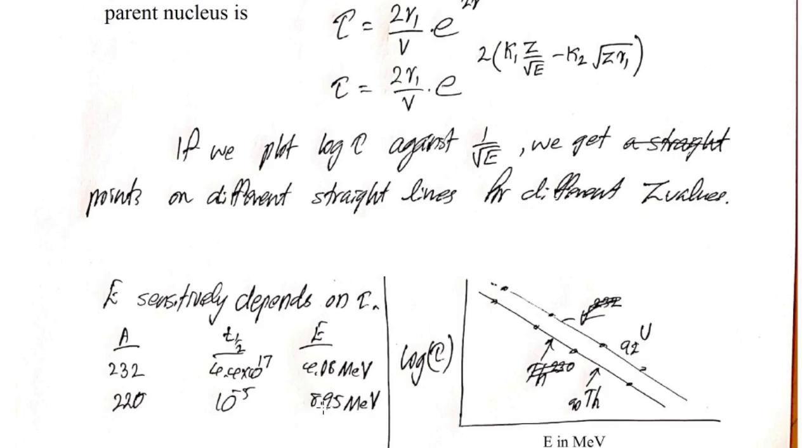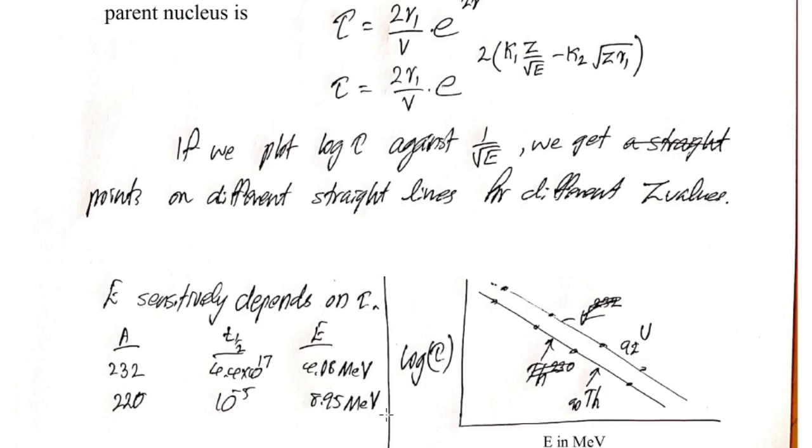So as the energy of the alpha particle increases, the lifetime of the parent nucleus decreases drastically. The lifetime has a variation of about 10 raised to 22 when the energy of the alpha particle just doubles from 4 to 8 or 4 to 9 MeV. So the half-life is strongly dependent on the energy of the alpha particle.